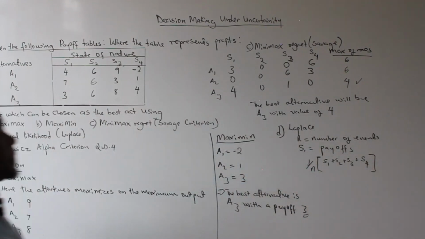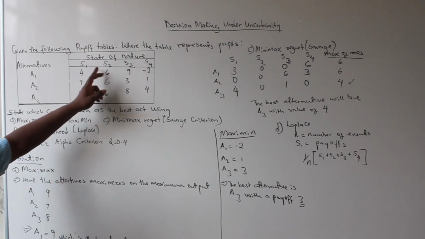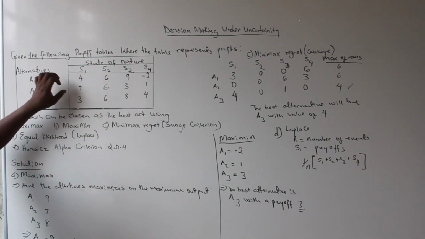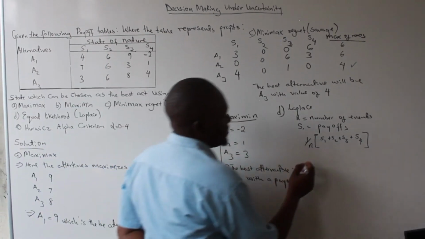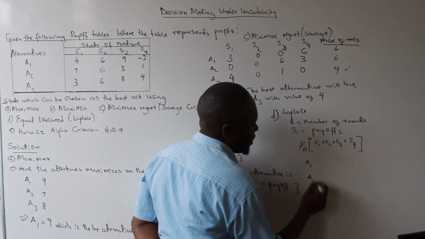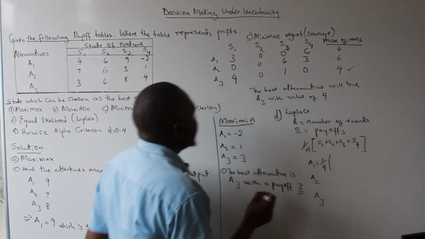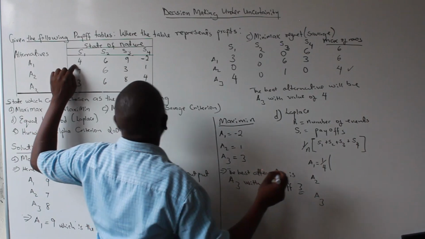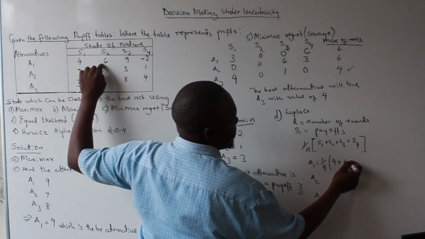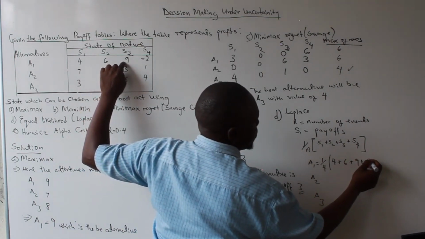Now we'll do the following. How many events did we have? We had 1, 2, 3 and 4. So our n will be equal to 4. So under A1, A2, A3 it is 1 over 4 into the bracket: S1 we had 4 plus S2 6 plus S3 9 plus negative 2.